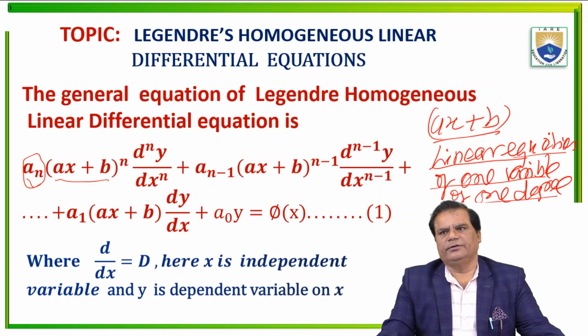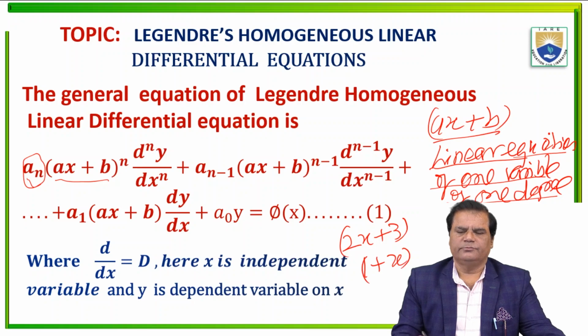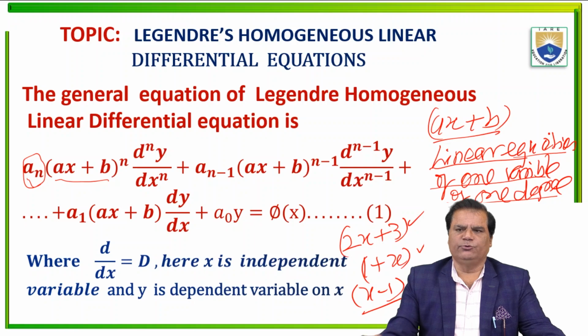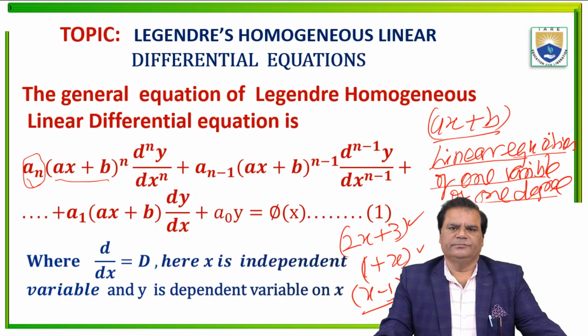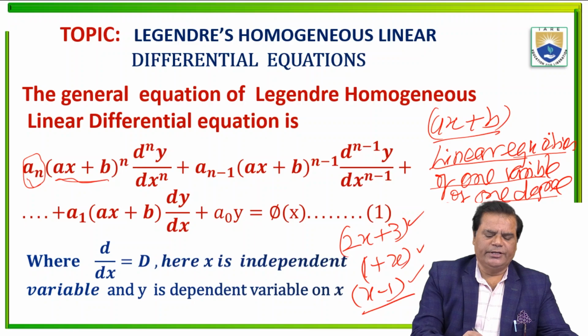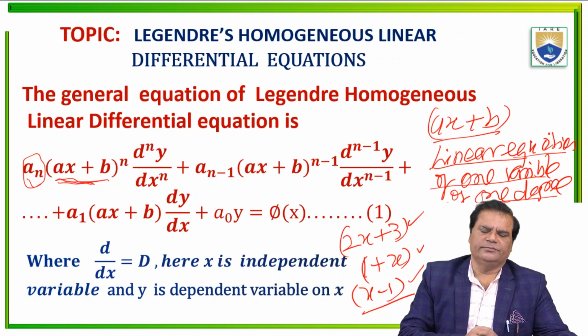Suppose 2x plus 3, 1 plus x, x minus 1. These are known as linear equations of one variable of 1 degree. So here in the bracket there is a linear equation of one variable of 1 degree, ax plus b.